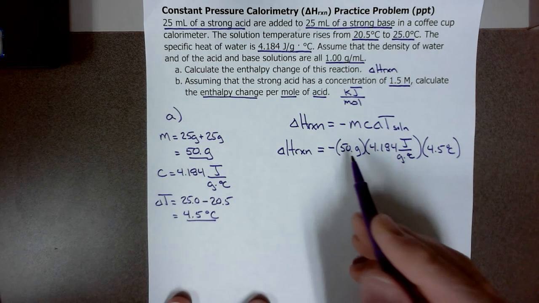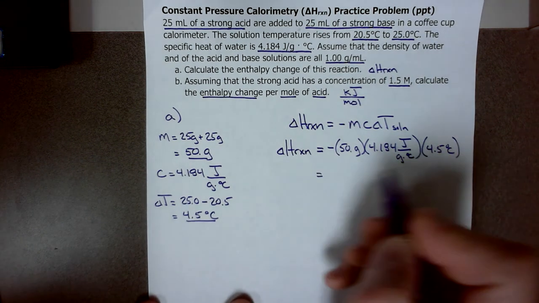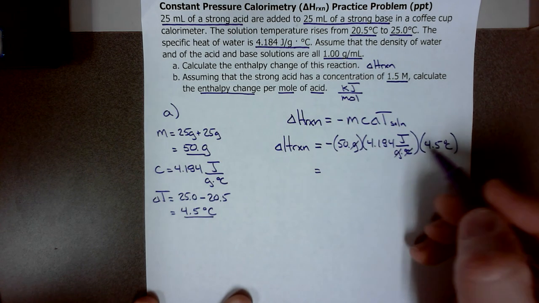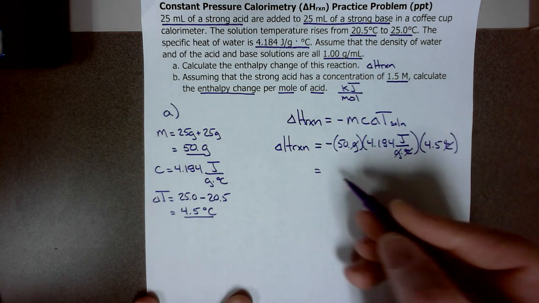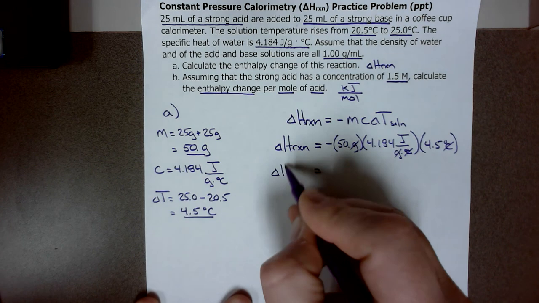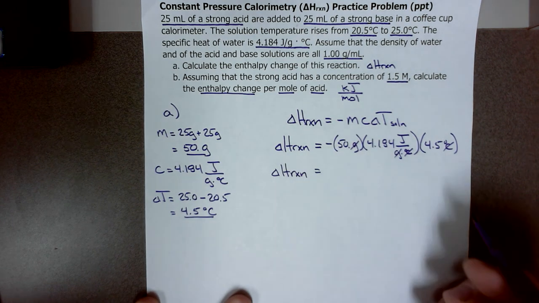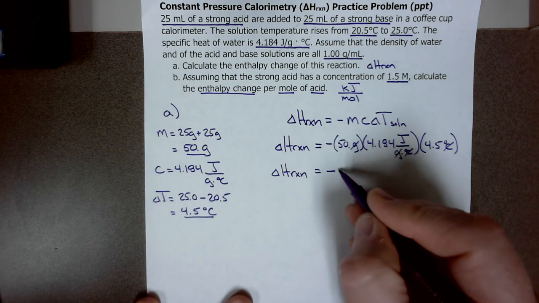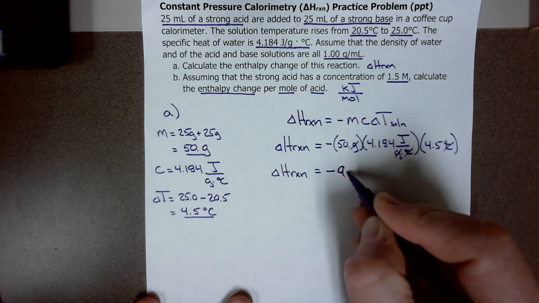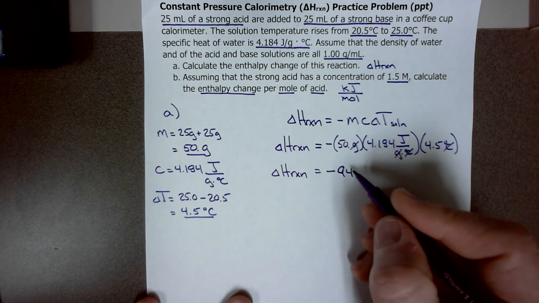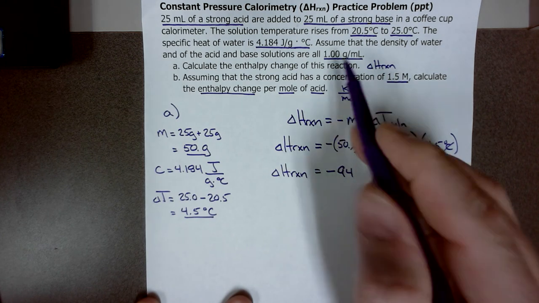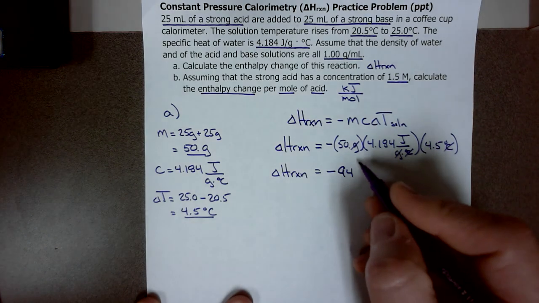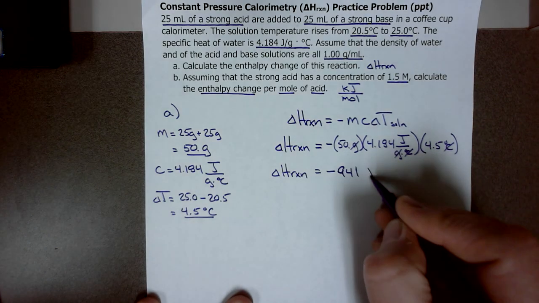Let's make sure all our units cancel. Grams cancels here, Celsius cancels there, so we're left with joules. So my enthalpy change of the reaction is equal to a negative 941 joules of energy.